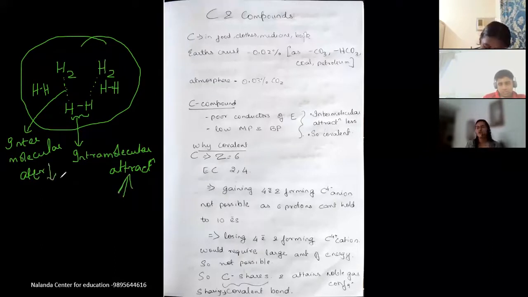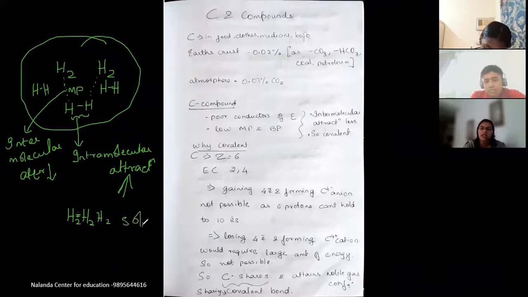Because intermolecular attraction is very weak, even if we slightly heat it, the molecules are going to go apart. When two molecules are closely attracted, this is the solid state. When they are slightly apart, this is the liquid state. When they are far apart, this becomes the gaseous state.